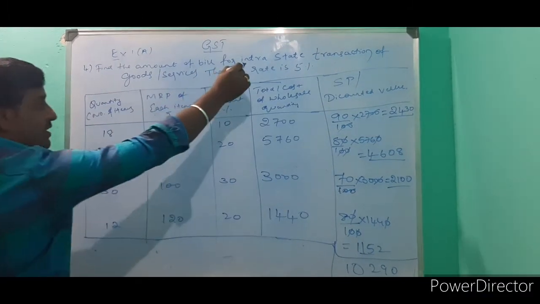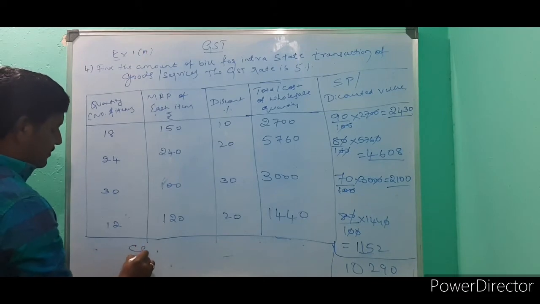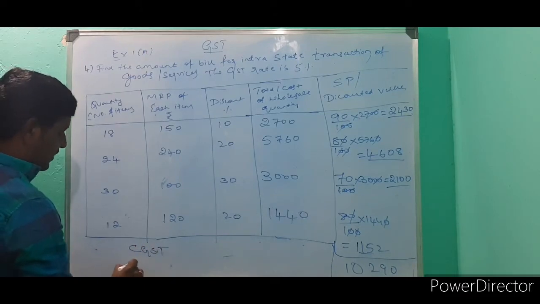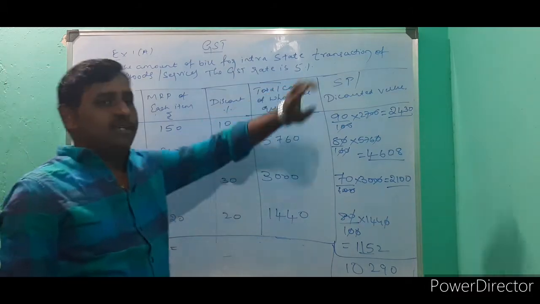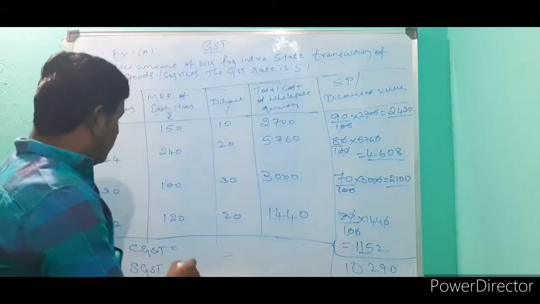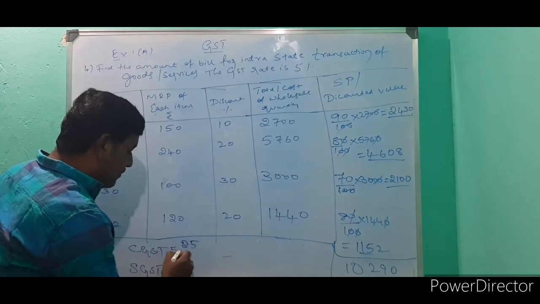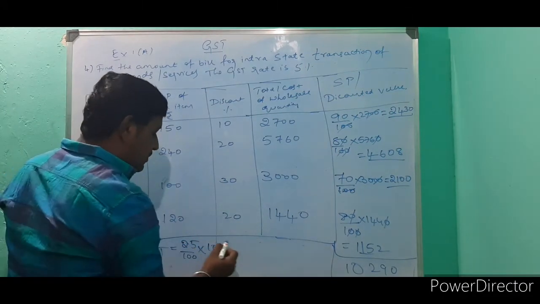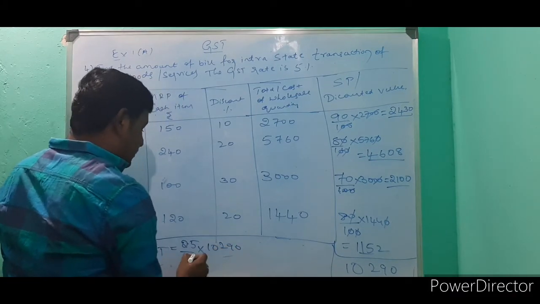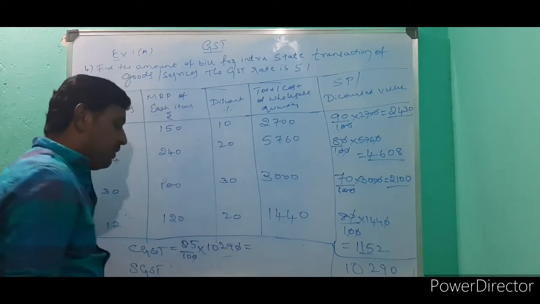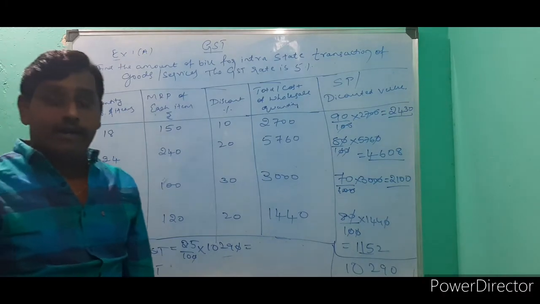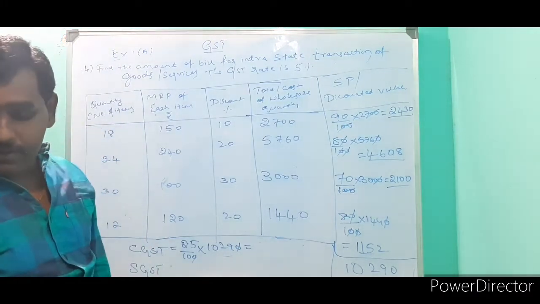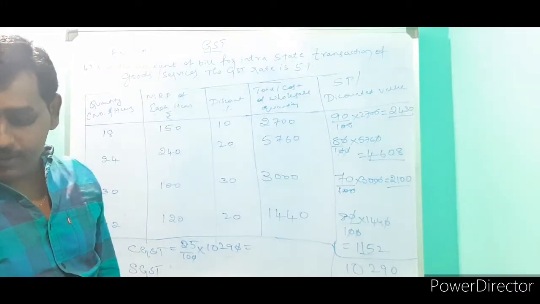Next you find GST. This is an intrastate transaction, so you have to find CGST and SGST. CGST means 5% divided into half, that is 2.5 divided by 100 into the total figure. The zeros get cancelled, and after calculation you will get 257.25.